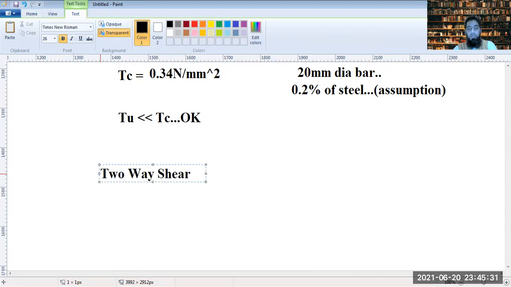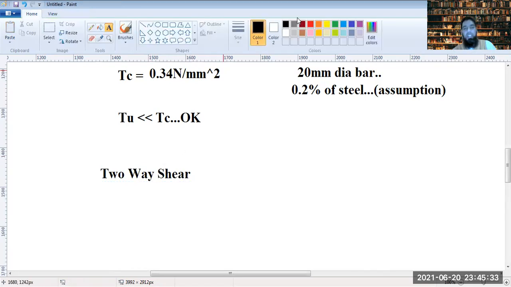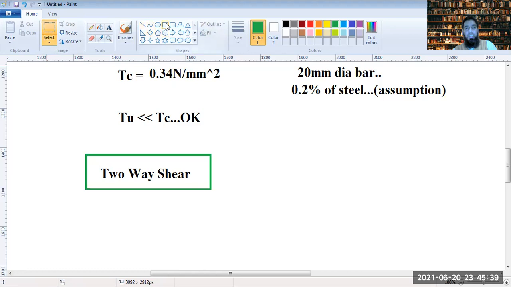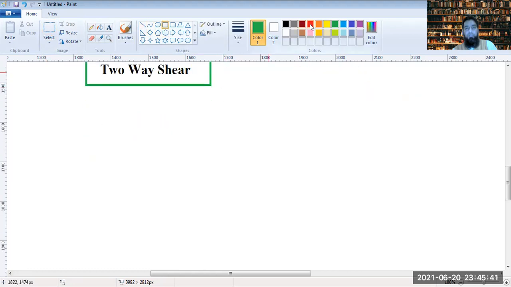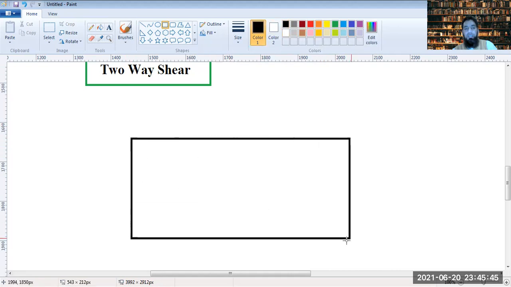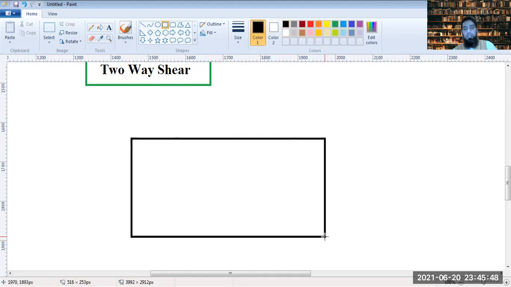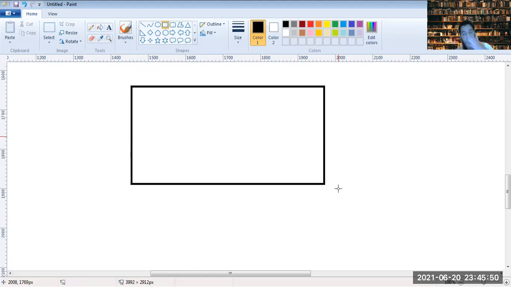On the basis of two-way shear, we're checking this section. First of all we need to check what is the criteria of the section in two-way shear. So if this is the footing and we have a column at this location, 500 cross 500.